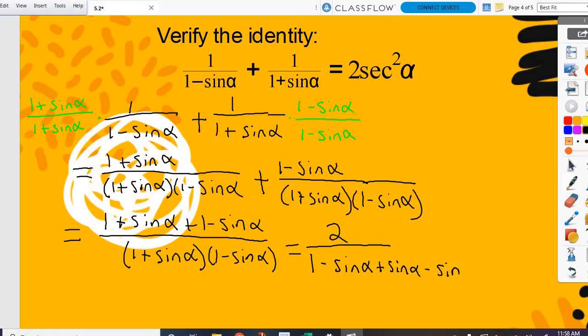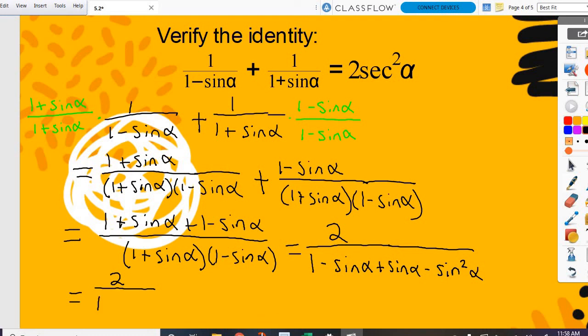And remember, whenever we're writing our squares for our trig functions, we put it on the inside, not after the angle. So now, what happens to our 2 middle terms? A positive sine of alpha and a negative sine of alpha, so they add to 0.